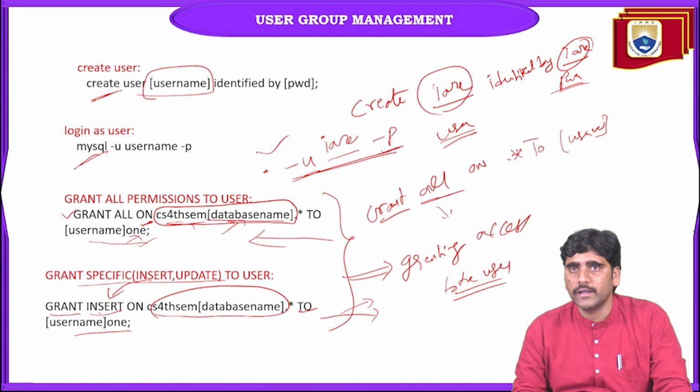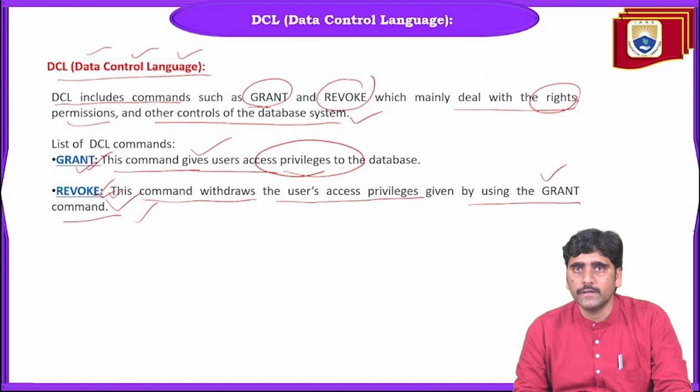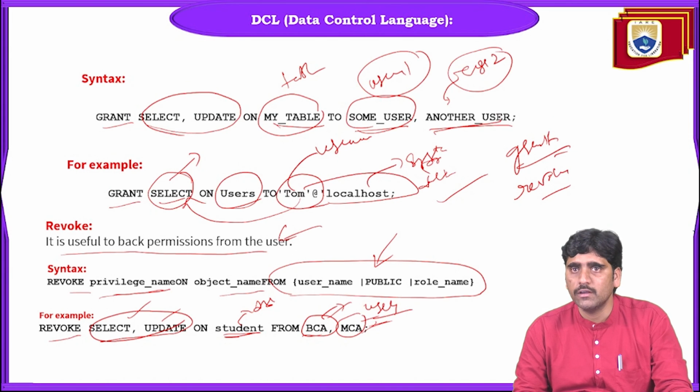Next, creating users, logging in as a user, applying permissions, granting all permissions or specific permissions to the user, displaying grants, dropping users, and what grant and revoke are from the DCL commands. This is all we understood from this concept, right?